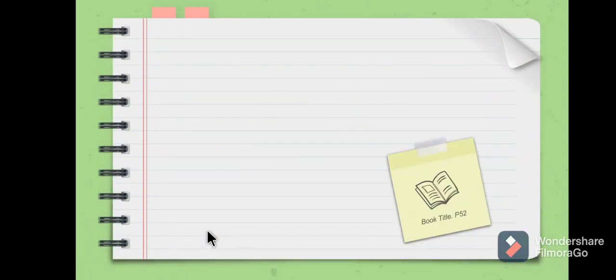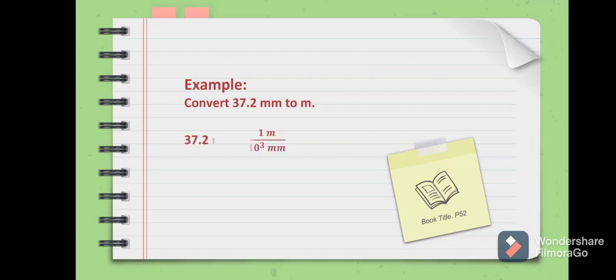Here is one example of doing metric system conversions. Convert 37.2 millimeter to meter. It is 37.2 millimeter times 1 meter. So why is meter in the numerator?